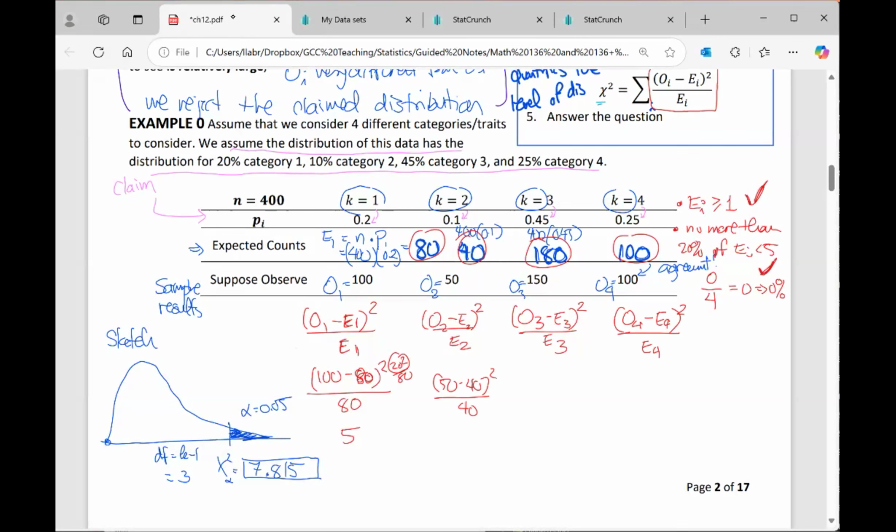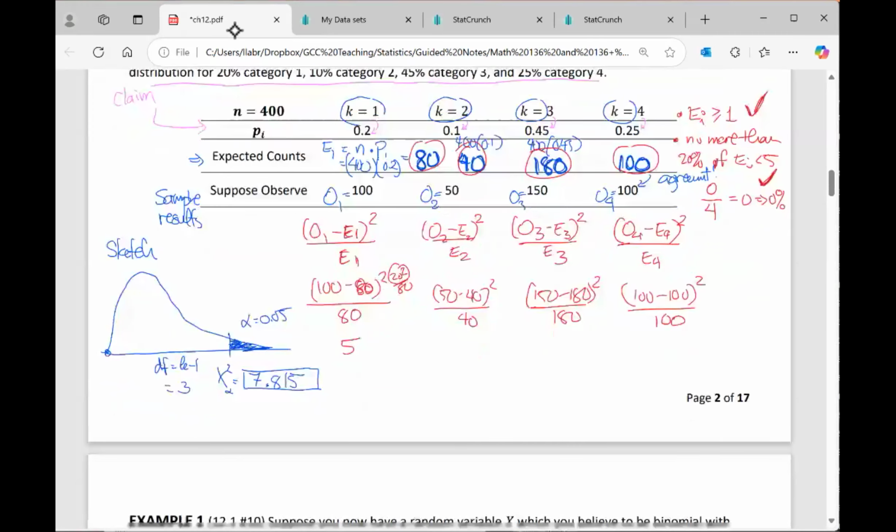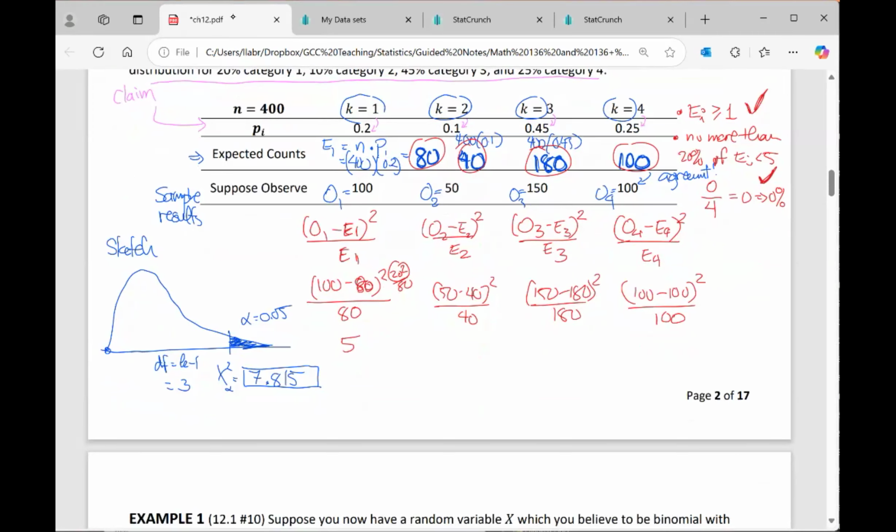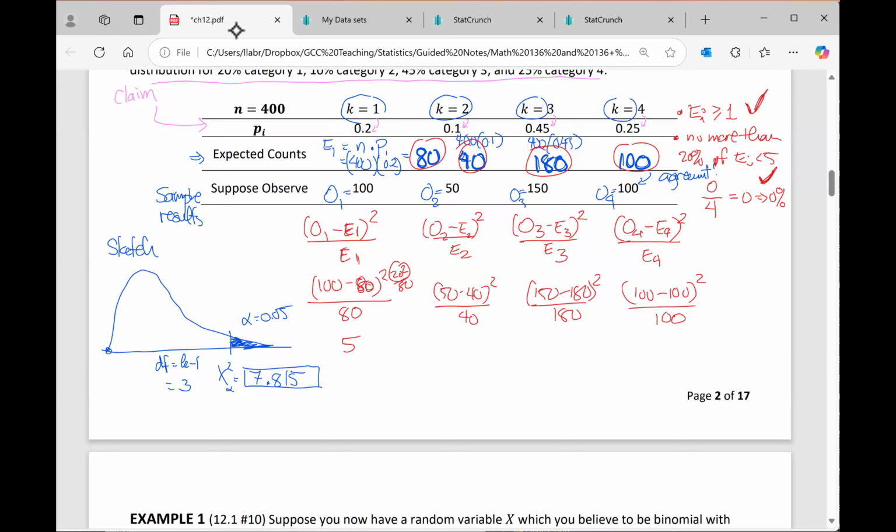Remember, these always need to match. And then here we get (150 minus 180) squared divided by 180. And here we end up with (100 minus 100) squared divided by 100. The only other point I want to point out is category 4. 100 minus 100 is 0, so that'll be 0 squared divided by 100, which is 0.